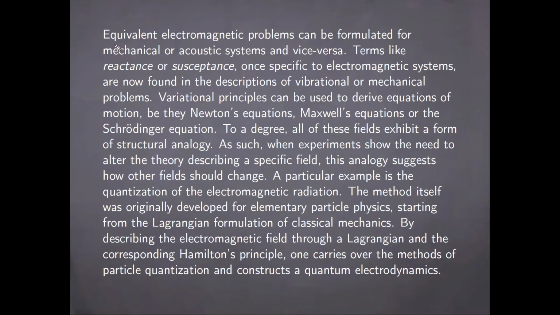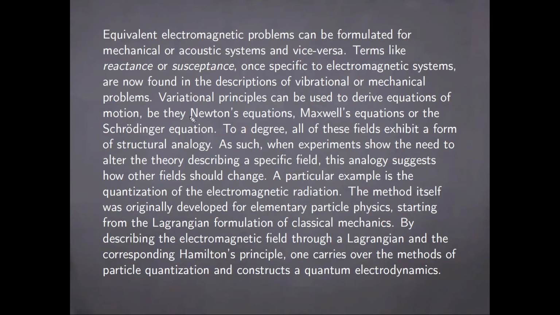We have seen that equivalent electromagnetic problems can be formulated for mechanical or acoustical systems and vice versa. Terms like reactance or susceptance, once specific to electromagnetic systems, are now found in descriptions of vibrational or mechanical problems. Variational principles can be used to derive equations of motion, be they Newton's equations, Maxwell's equations, or the Schrödinger equation.